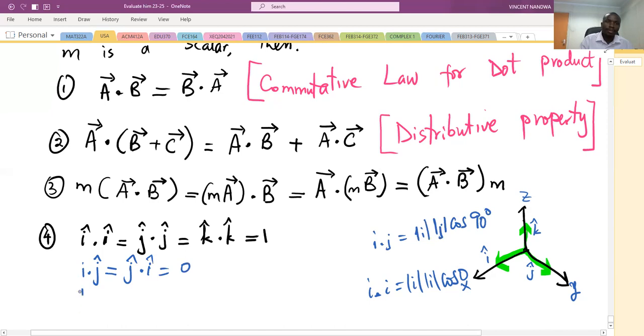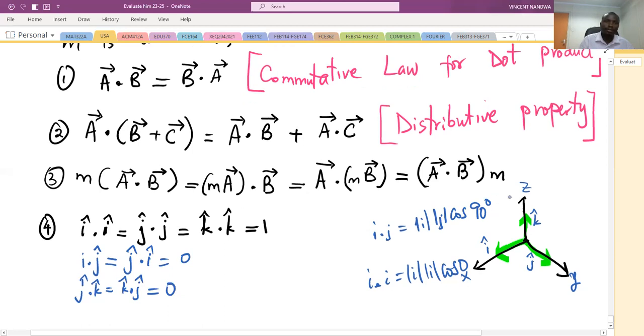And then j dot k is the same as k dot j, and the answer is still 0 because the angle between j and k is 90 degrees. So cos of 90 is 0. And similarly, i dot k equals k dot i, which is also 0.